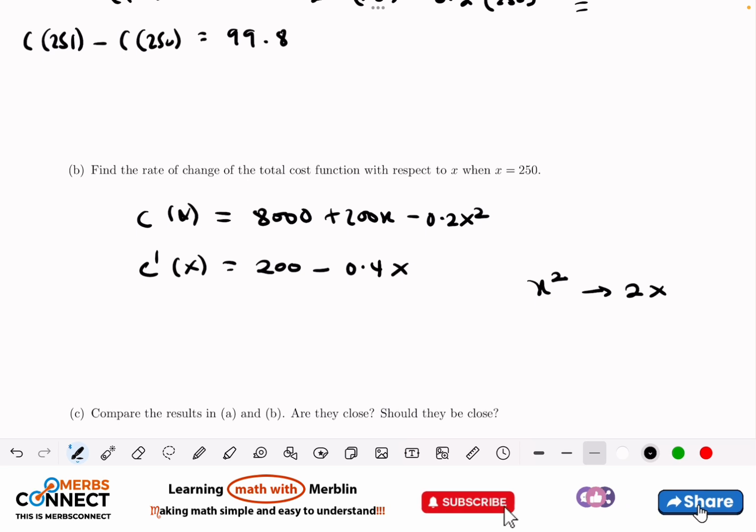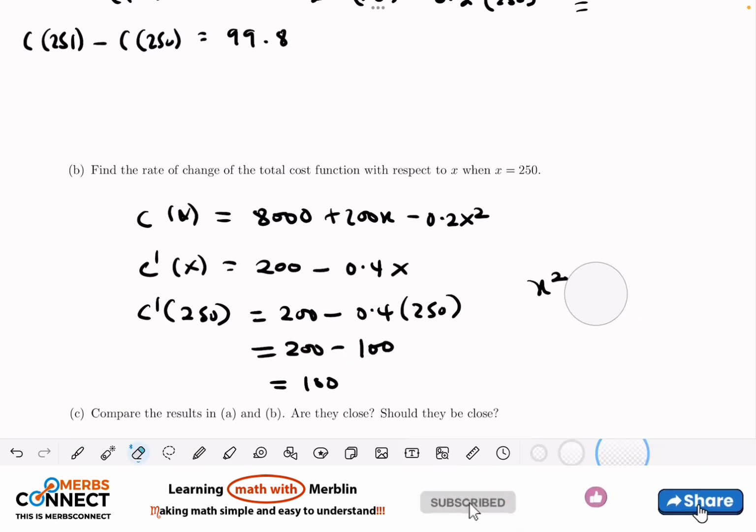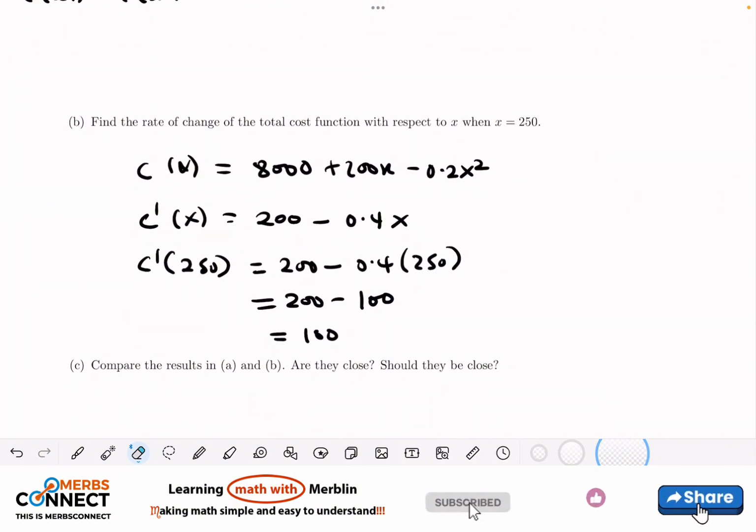Now when I'm done, I need to plug in the 250 from here. So when I plug in the 250, I'm going to have 200 minus 0.4 times 250, and I'm going to have this one to be 200 minus. So now 0.4 times 250 will be equal to 100, and this is going to give us 100, right? So that's the result that we are going to get for the B.